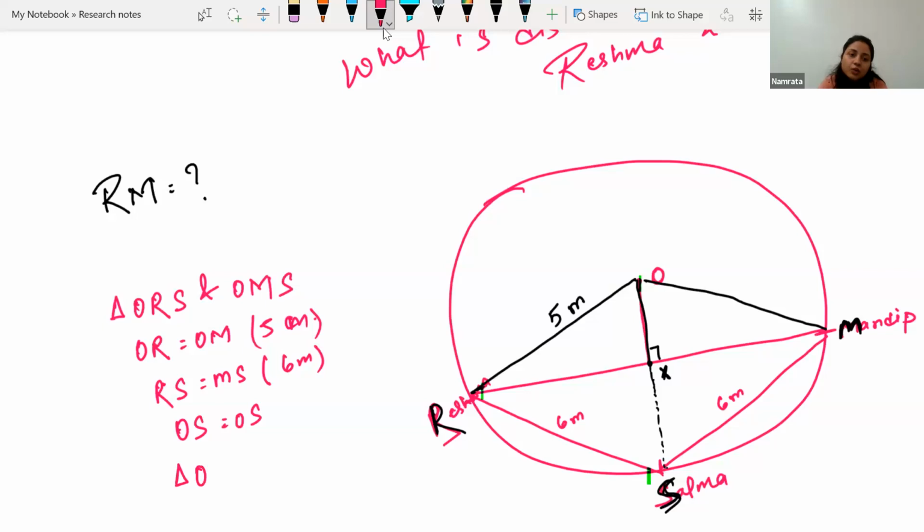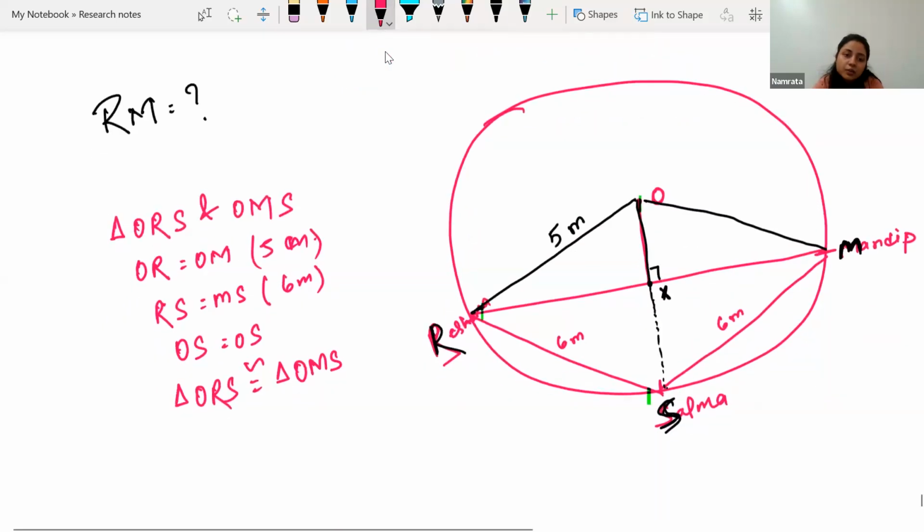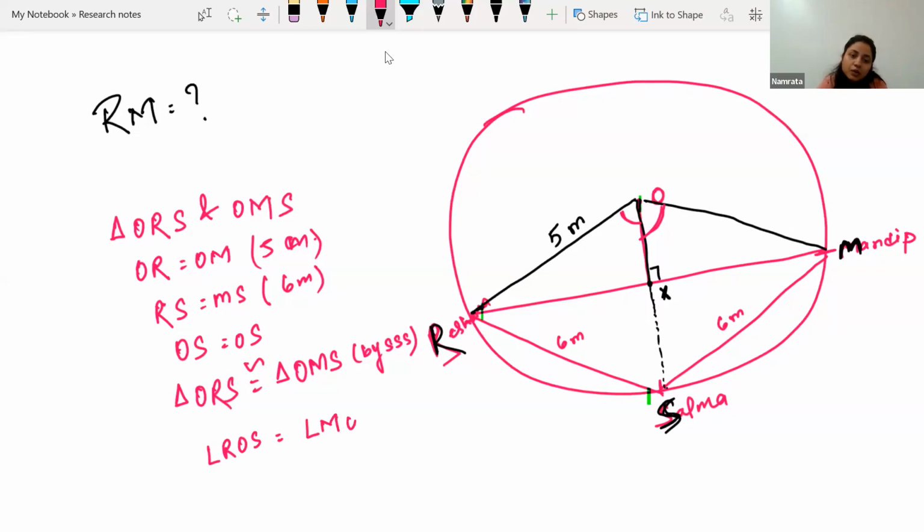Therefore, triangle ORS is congruent with triangle OMS. Since these two triangles are congruent by SSS, this angle and this angle will be the same. Angle ROS will be equal to angle MOS by CPCT.